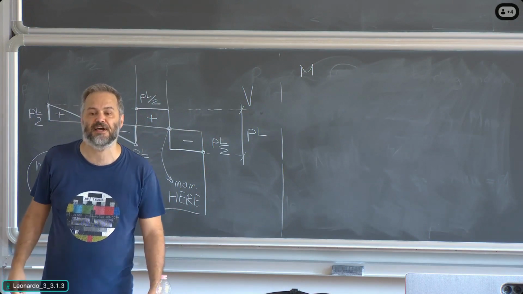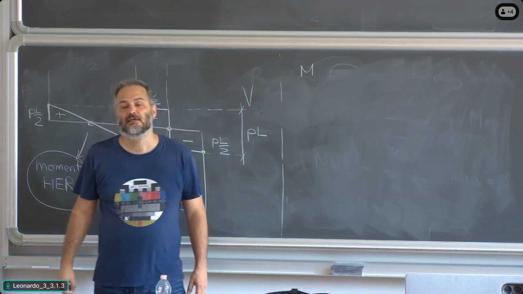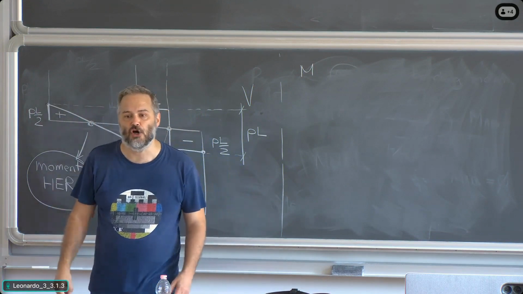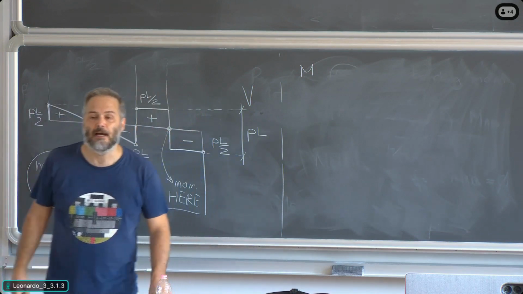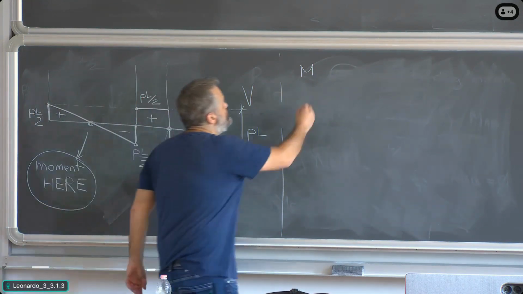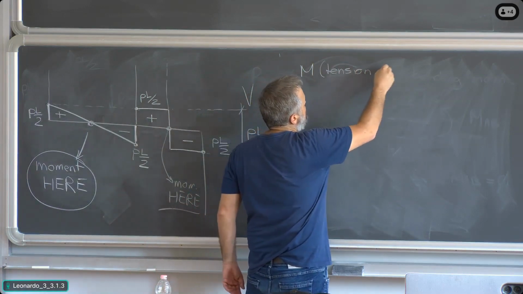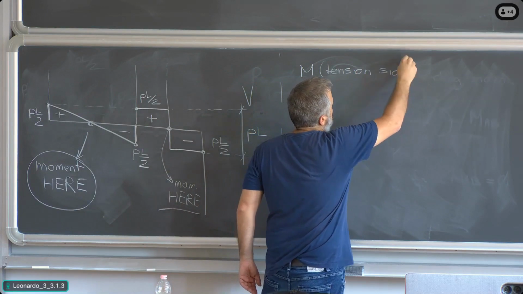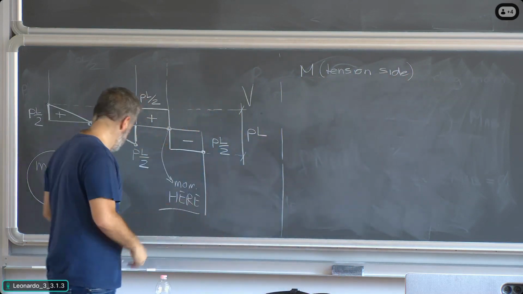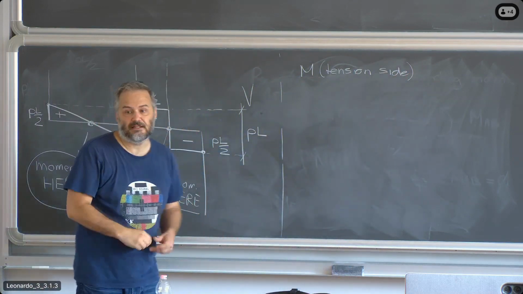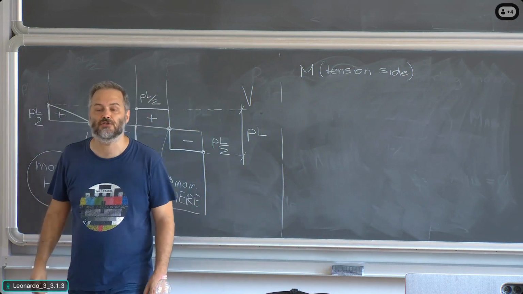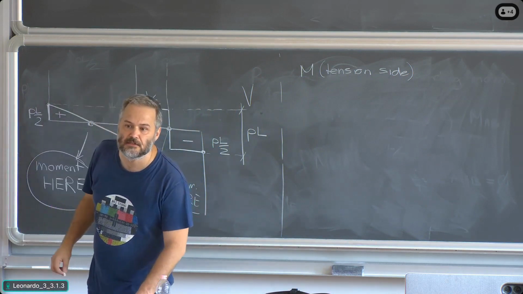What you have to specify is whether you plot your diagram on the tension or on the compression side. I'm going to plot it on the tension side as it is customary in Europe. But again, if you specify you want to plot it on the compression side, no problem.